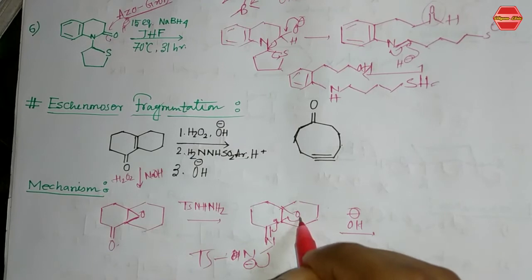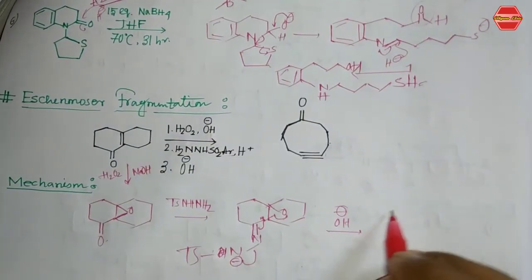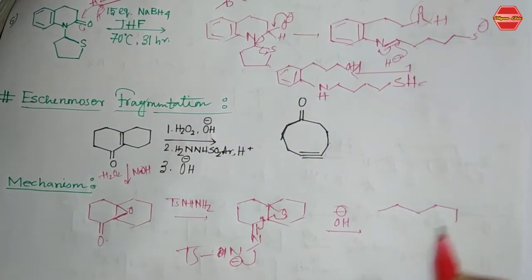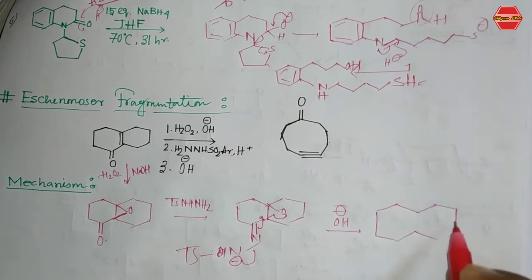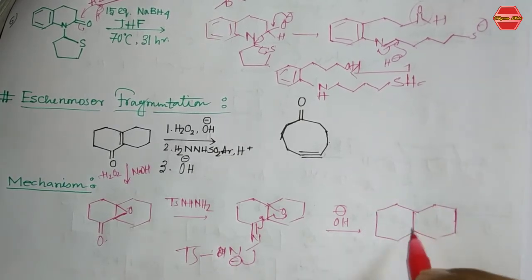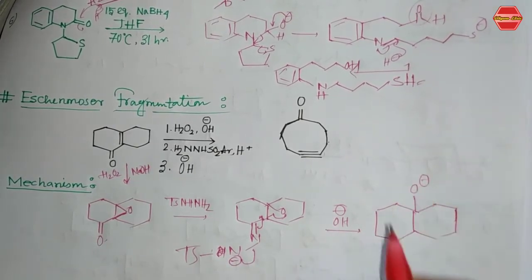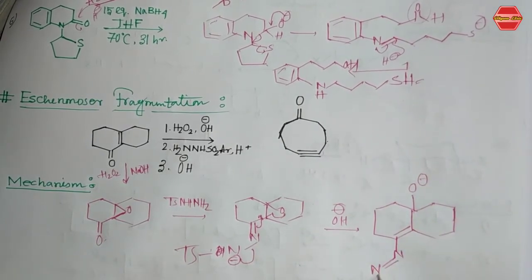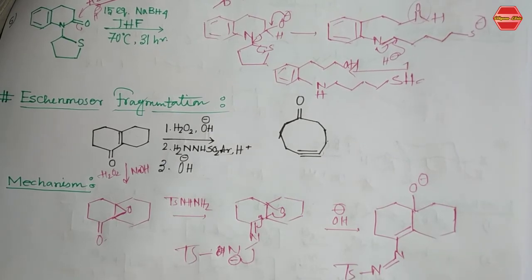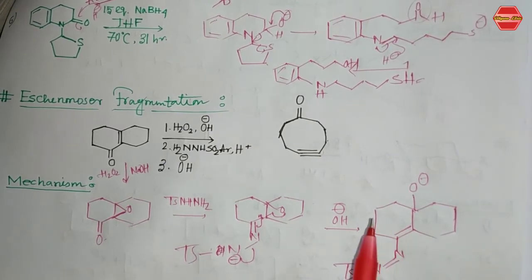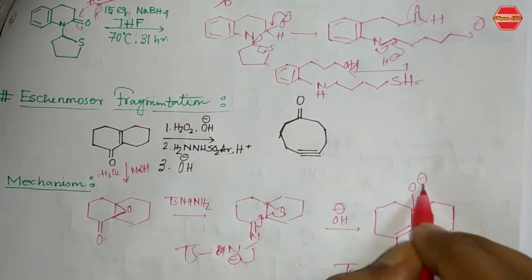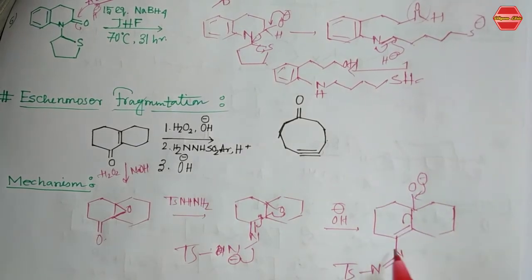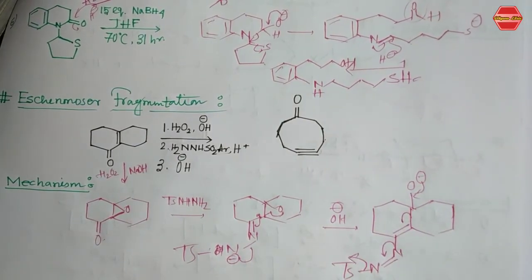Similarly, we have this O minus, right, now we have the double bond, that is N double bond N Ts, like this. Now the second step of this reaction is that this O minus goes over here, like this, and this Ts will leave from the system.